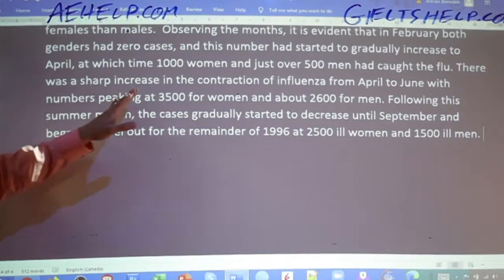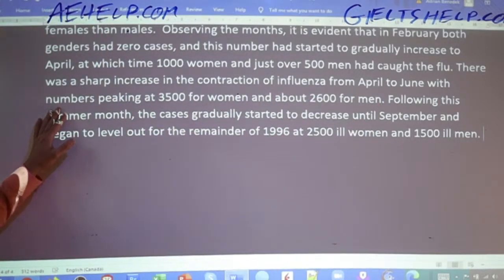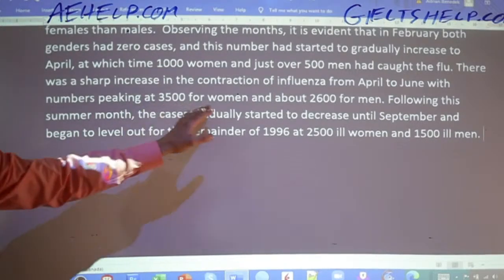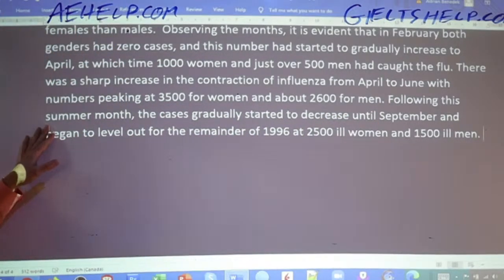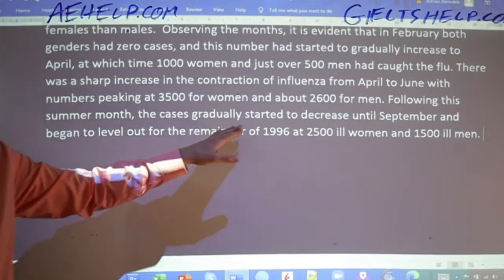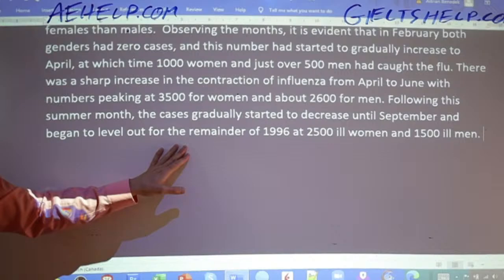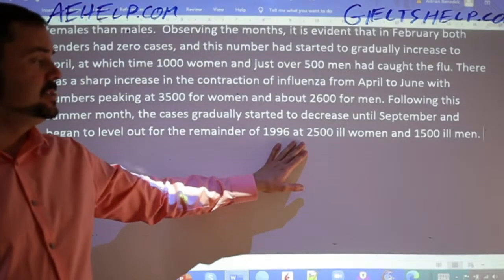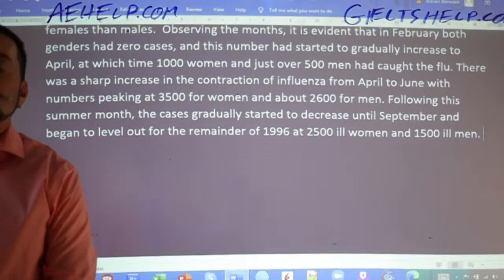There was a sharp increase in the contraction of influenza from April to June, with numbers peaking at 3,500 for women and about 2,600 for men. Following this summer month, the cases gradually started to decrease until September and began to level out for the remainder of 1996 at 2,500 ill women and 1,500 ill men.